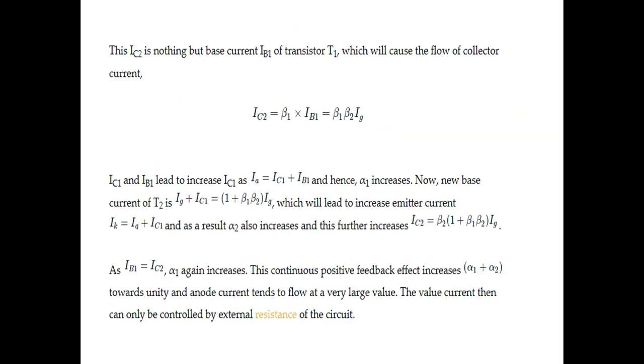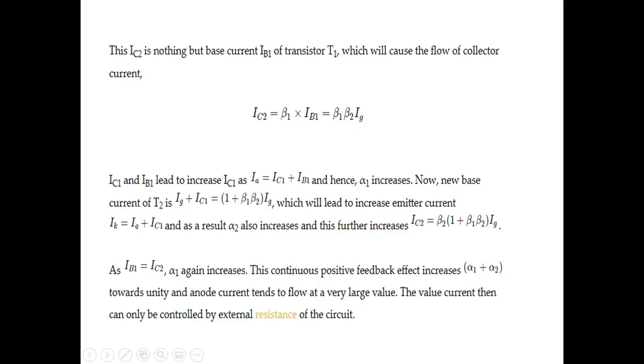This IC2 is nothing but the base current IB1 of transistor T1, which will cause the flow of collector current IC1 equal to beta 1 into IB1, that is beta 1 into beta 2 into Ig. Then IC1 and IB1 lead to increase in IC. Here it is not IC2, it is IC1.